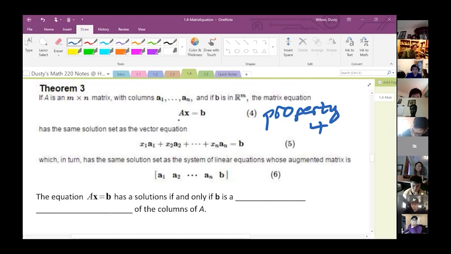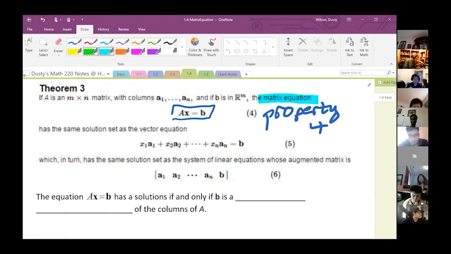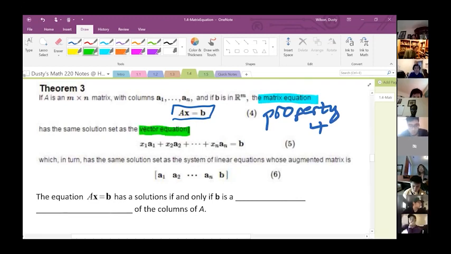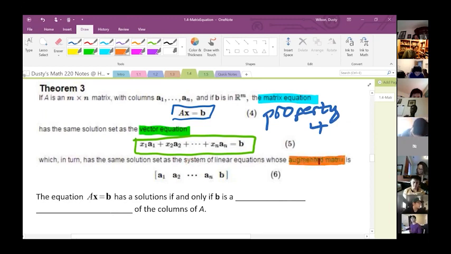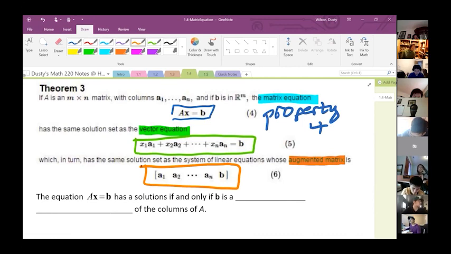So the matrix equation AX equals b has the same solution as the vector equation, which would be this one, which has the same solution as the system of linear equations with the augmented matrix, which would be this one right here. Okay, so they all have the same solution. It's just different representations of the same thing.